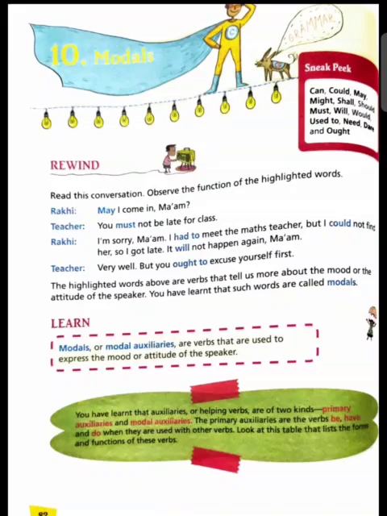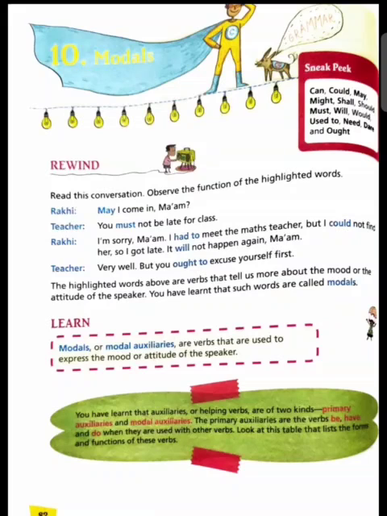So children, you have learned that auxiliaries or helping verbs are of two kinds: primary auxiliaries and modal auxiliaries. The primary auxiliaries are the verbs be, have, and do when they are used with other verbs. So children, there are also forms of be, have, and do that you will see further in this video, and you have to learn that also.